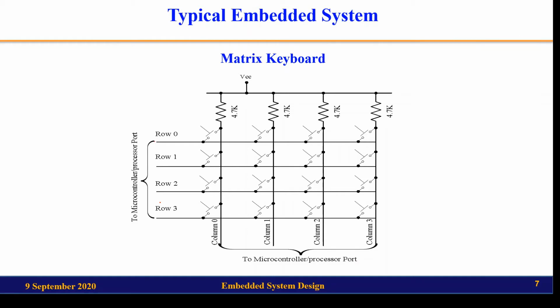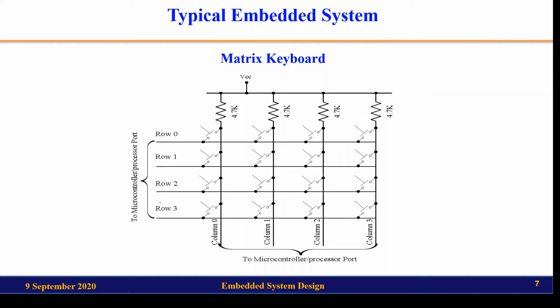We are just thinking that only 1 key is pressed. Suppose this key has been pressed. As initially we are making all the rows 0 and the columns are being read, you will identify 1 in the column where that key has been pressed.